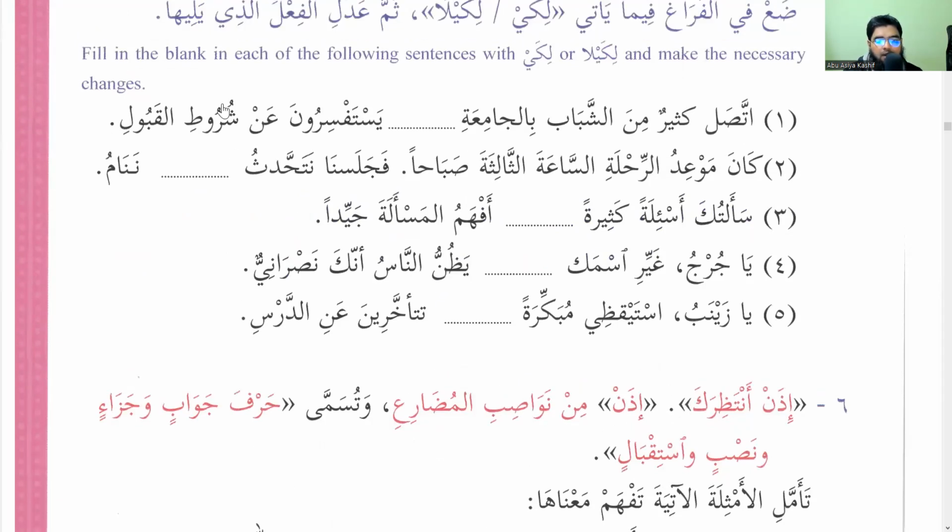Now, then كان موعد الرحلة الساعة 3 صباحا وجلسنا نتحدث لكي so that we don't sleep. كان موعد الرحلة was موعد الرحلة, the appointed time of the trip was. كان means was. الساعة 3 at 3 a.m. صباحا 3 a.m. So they had a flight or whatever at 3 a.m. فجلسنا نتحدث, so we sat speaking. تحدث يتحدث from 5, and يتحدث then you do تتحدث أتحدث نتحدث.